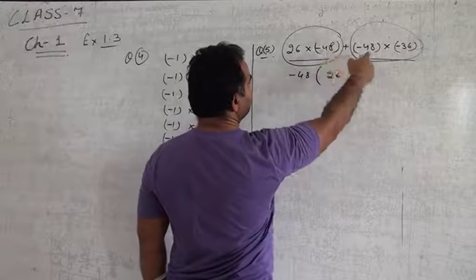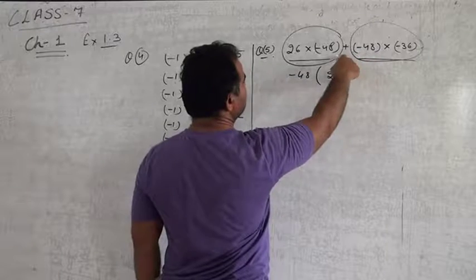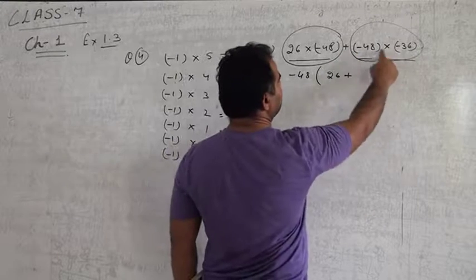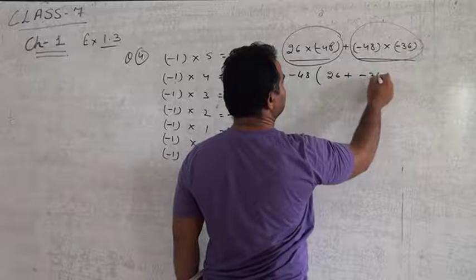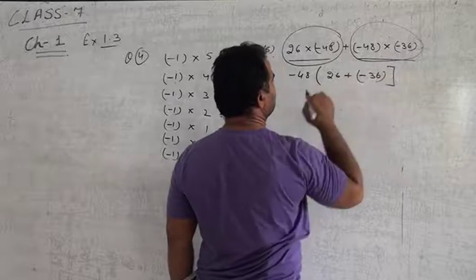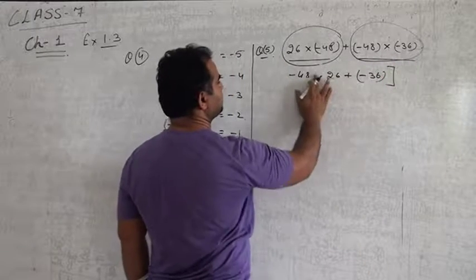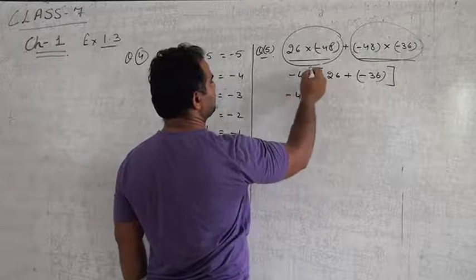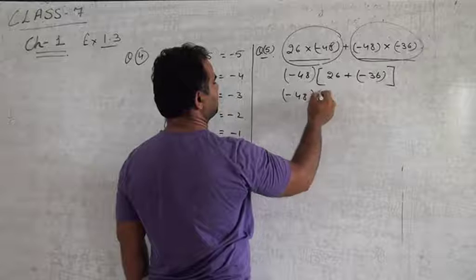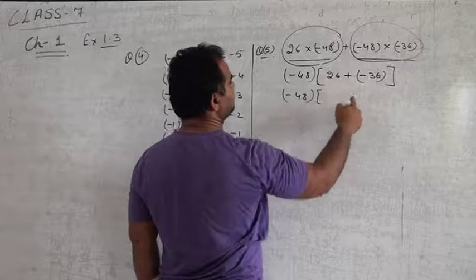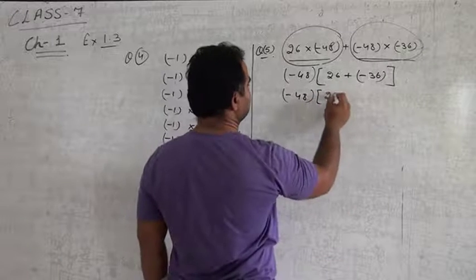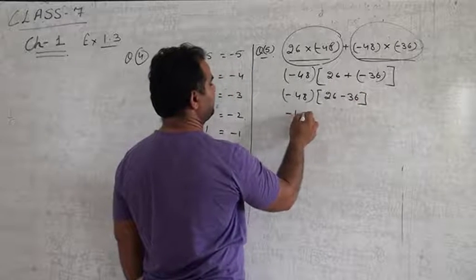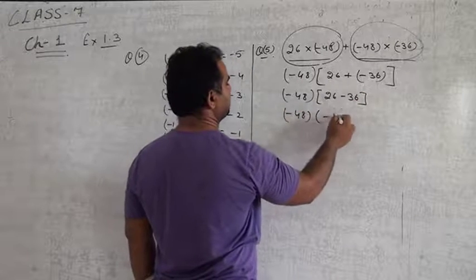In both these terms the plus sign is there, so we have to write positive. And what was left behind in this term? It is minus 36. So it's minus 48 into 26 minus 36. 26 minus 36 will be minus 10, so it will be minus 48 into minus 10.